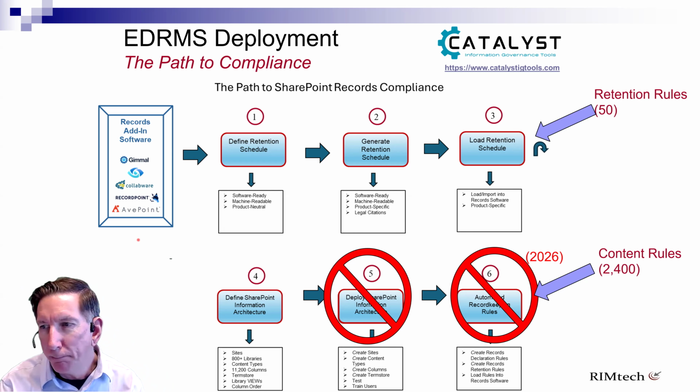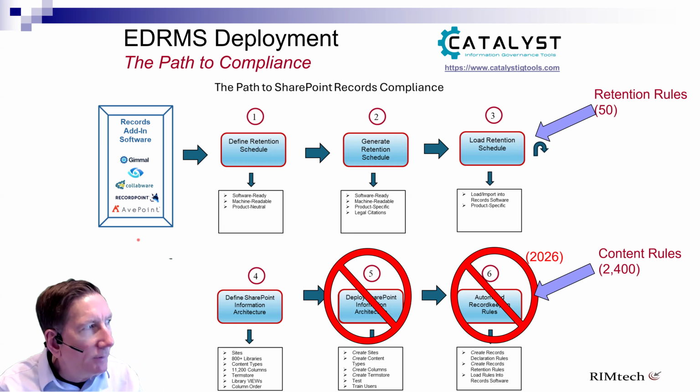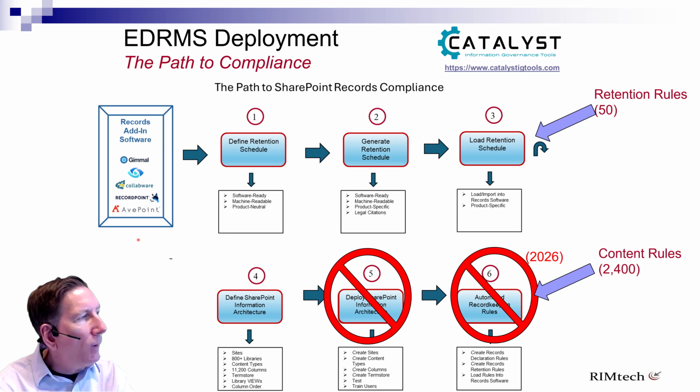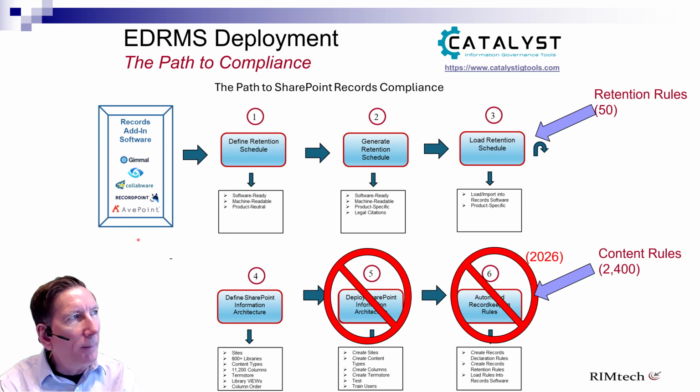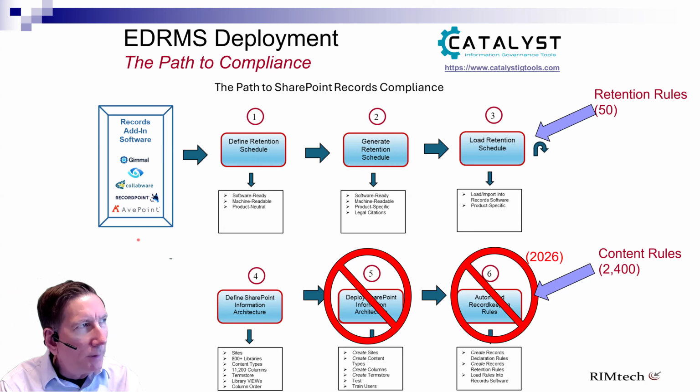It cannot work, right? Here's what I believe is happening. Sad to say. What I think is happening, mostly with Purview, is that people are buying Purview, putting it in place, and they're just putting in their 50 retention rules and letting any user apply whatever rule they want to any document they want for any reason they want.